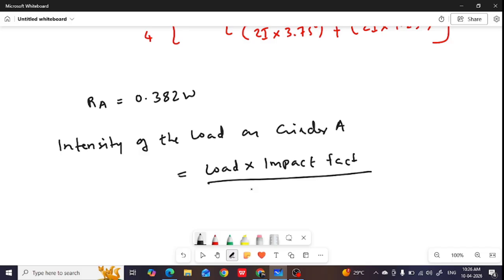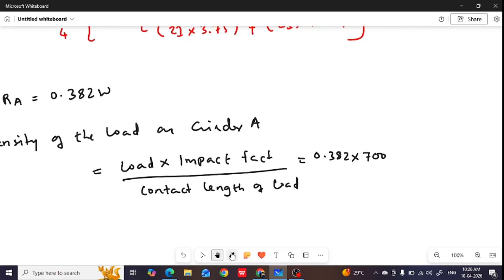The contact length of the class AA tracked vehicle is 3.6. We have already discussed what the class AA tracked vehicle is and the contact lengths of different loads, so you can refer to that video to find the dimensions of different loads. So the load is 0.382 into W, where W is 700 kilonewton for the class AA tracked vehicle, into the impact factor.